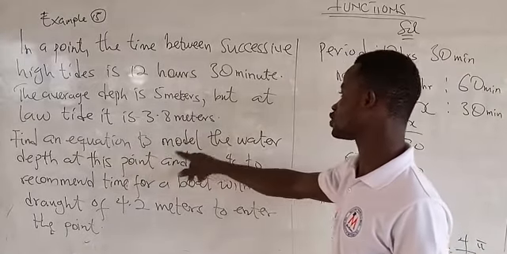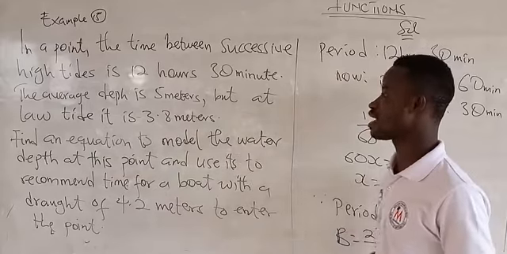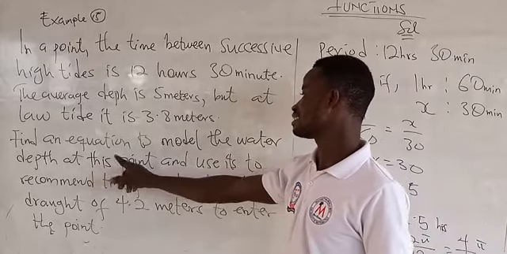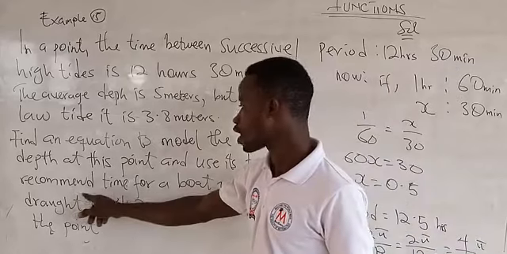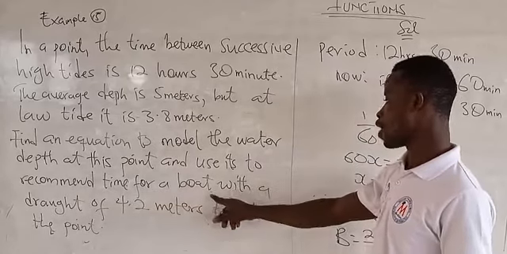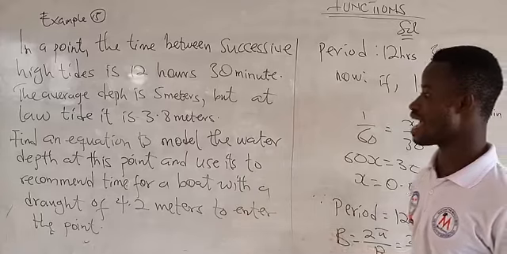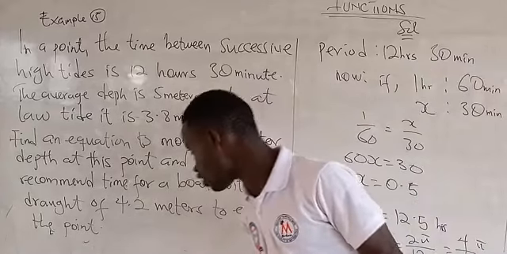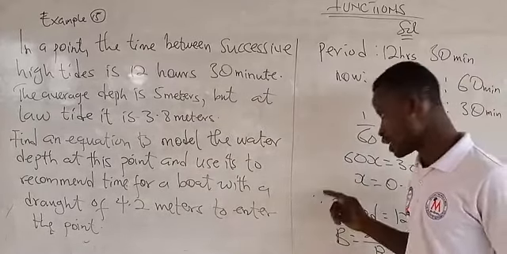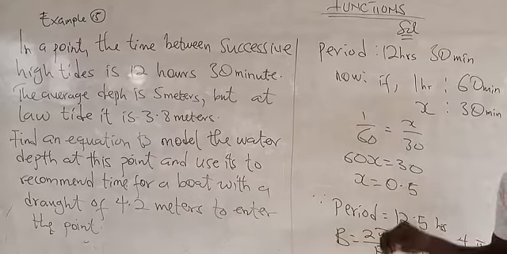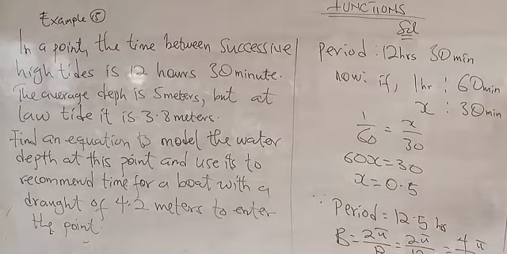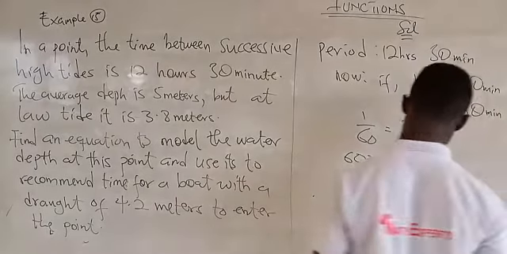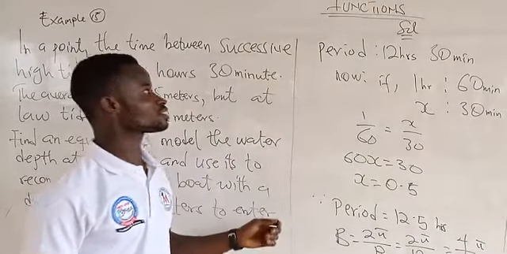Find an equation to model the water depth at this point and use it to recommend time for a boat with a drop of 4.2 meters to enter the point. Very good. So this is the question that we have on the board.